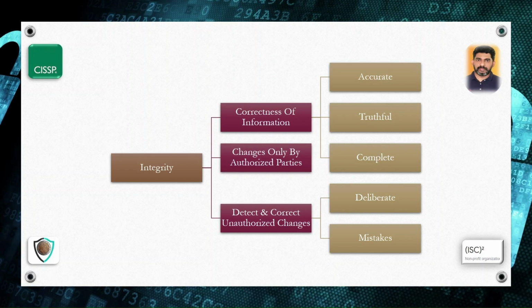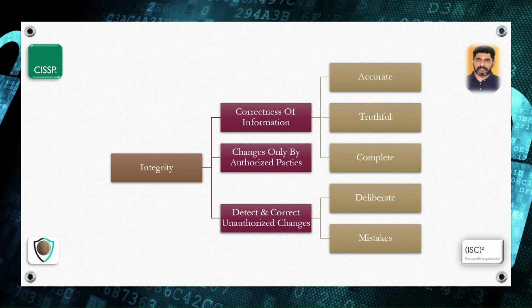So, integrity is all about ensuring the correctness of our information. And the second aspect of integrity is information will be modified because information is not static. With time, information will be updated.